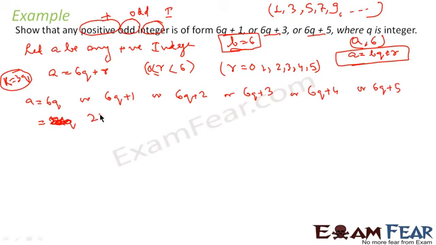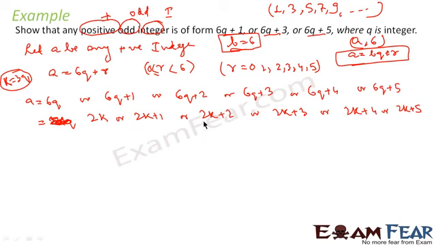So I can write a as nothing but 2k, or 2k plus 1, because 6q is 2k, or 2k plus 2, or 2k plus 3, or 2k plus 4, or 2k plus 5, correct?